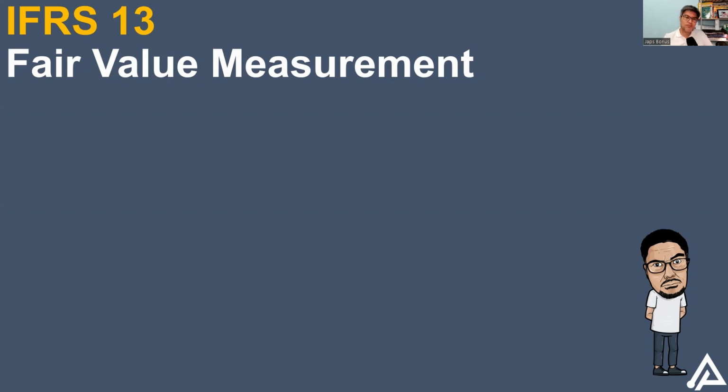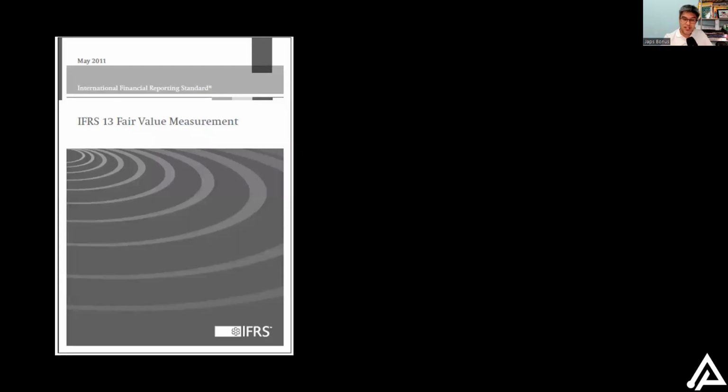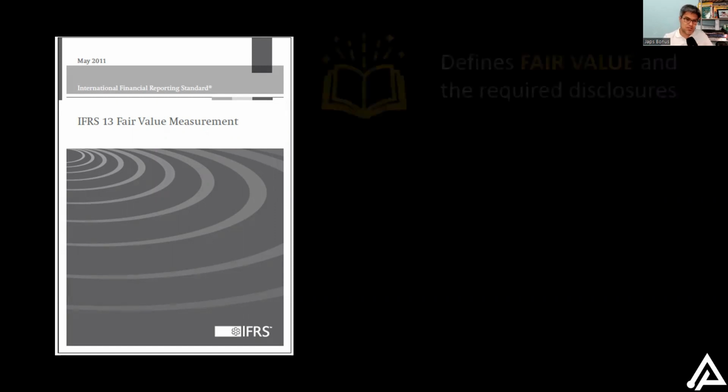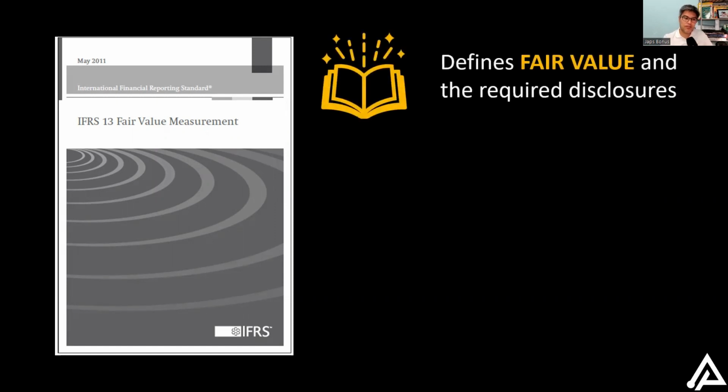This time around, this accounting standard, IFRS 13, consolidates all the fair value measurement accounting rules, policies, and guidelines. For most of which, it defines what fair value is as well as the required disclosures.